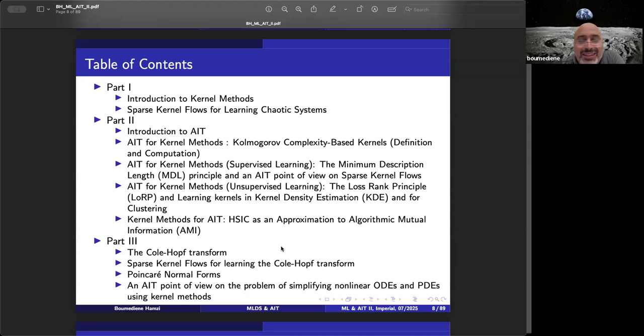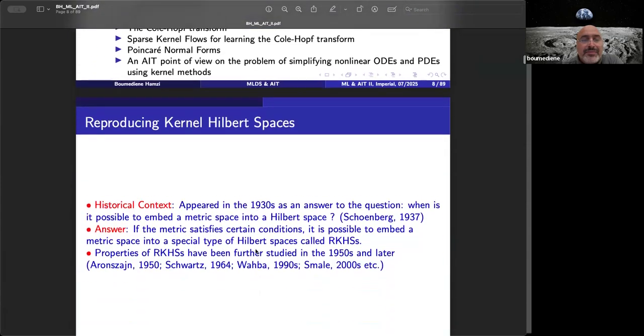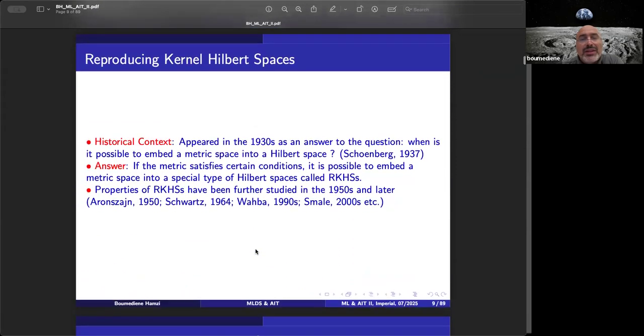So you are welcome to attend, either in person or online. We are using dynamical system insights to show that simplification in dynamical system theory can be viewed from the point of view of AIT.